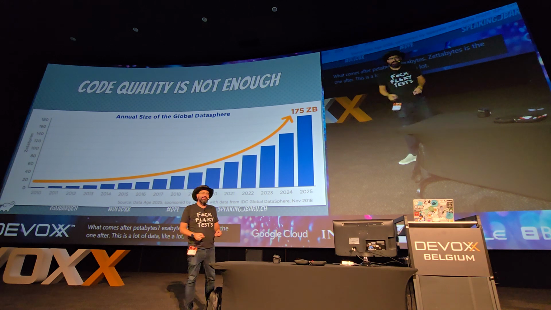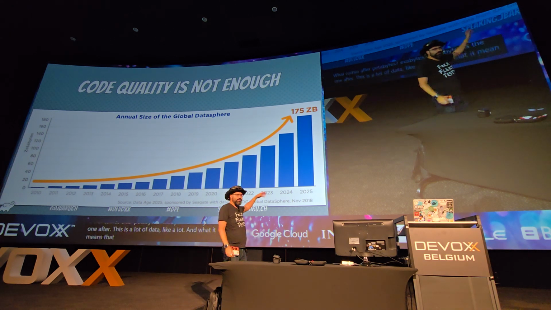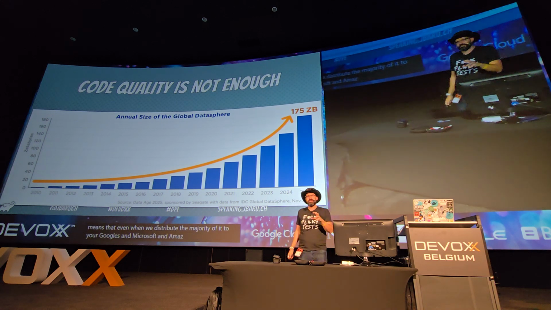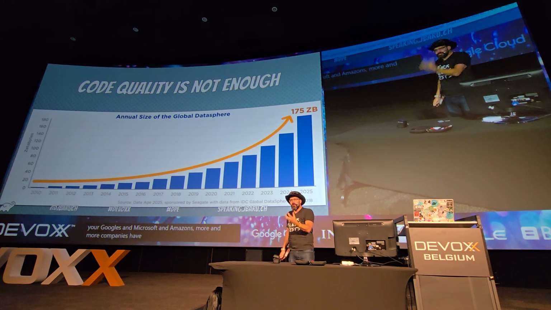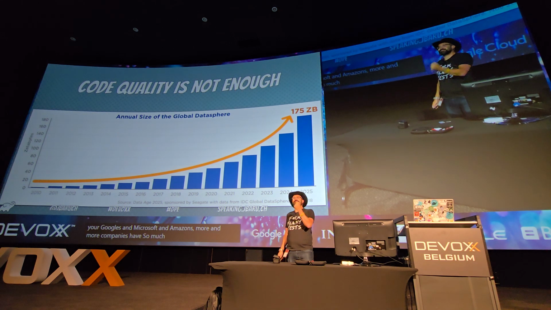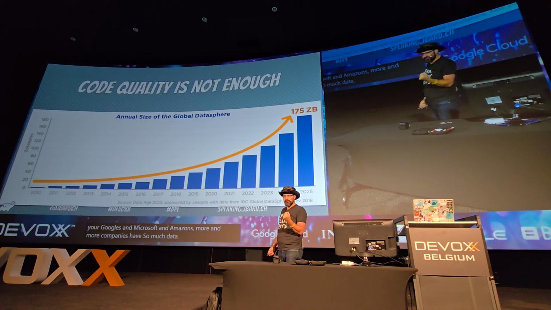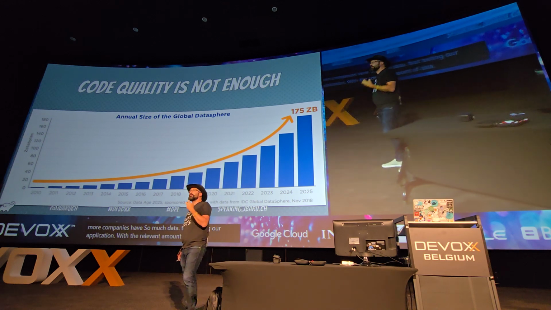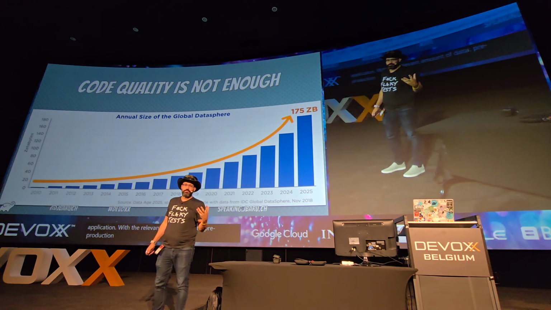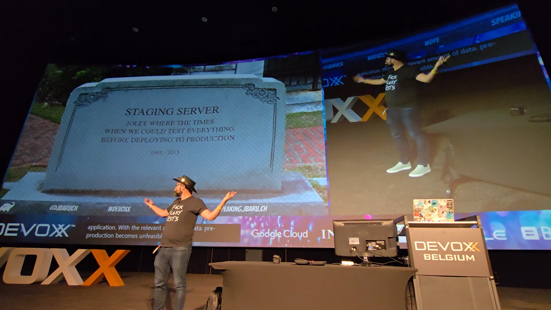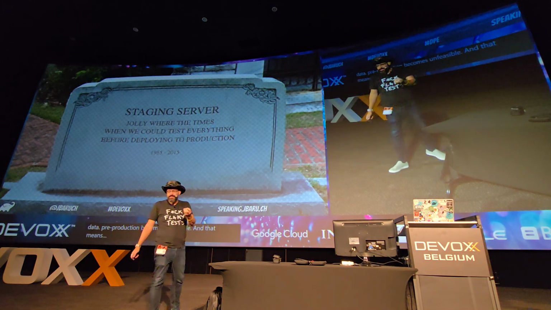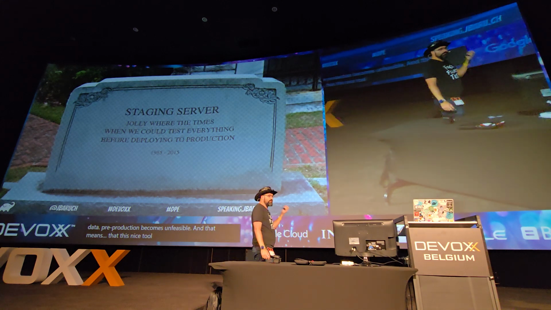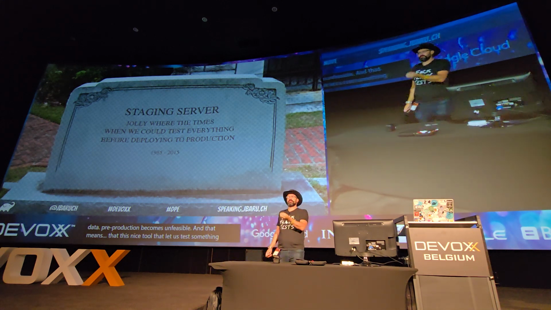And what it means is that even when we distribute the majority of it to your Googles and Microsofts and Amazons, more and more companies have so much data that testing our application with the relevant amount of data pre-production becomes unfeasible.